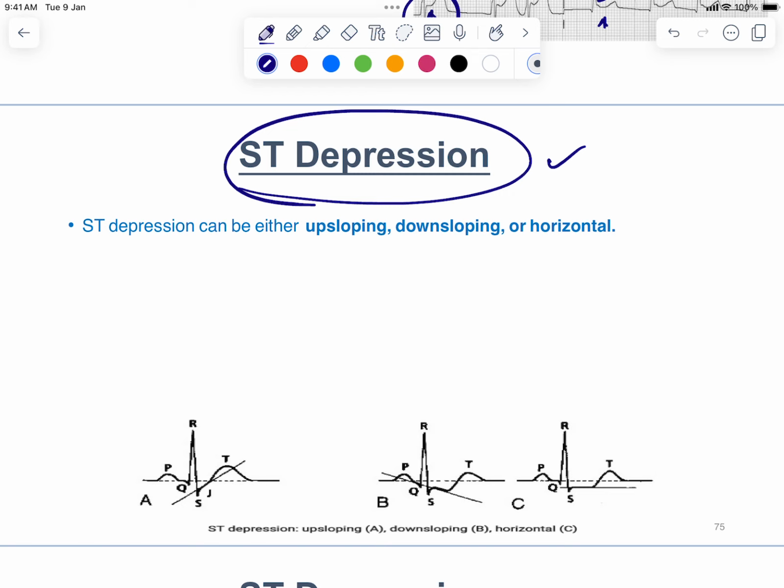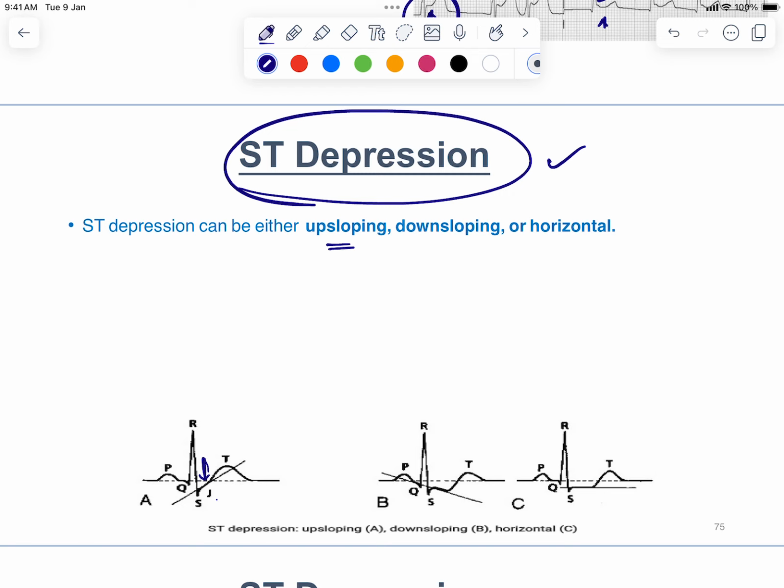So now, as a part of the continuation of discussion of the ST segment, we have done with the ST segment elevation. Let me discuss the conditions where you have ST segment depression and what is their significance. Now, if you see the morphology of the ST segment depression, it can be upsloping ST segment depression, right?